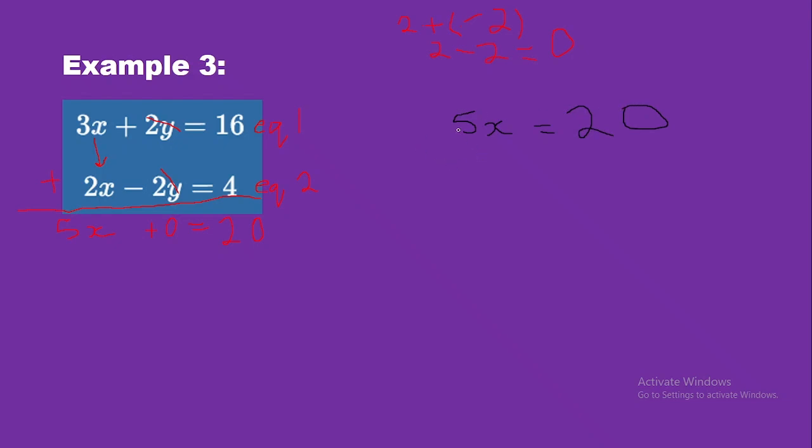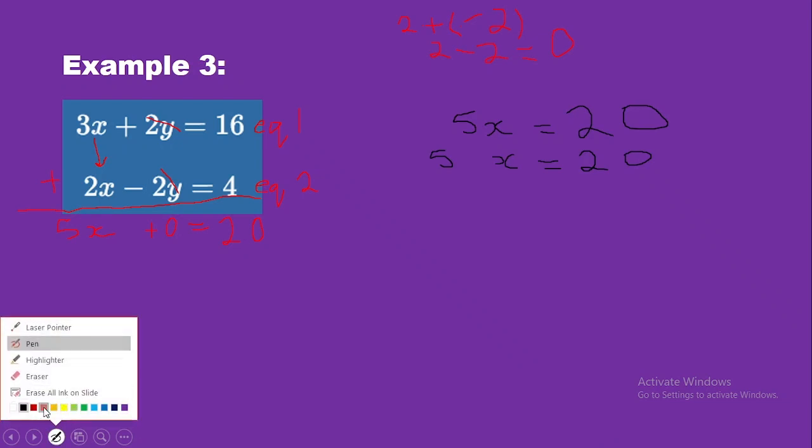Because this 5x is multiplying our x, in order to get rid of our 5 right there, we are going to have to divide both sides by 5.